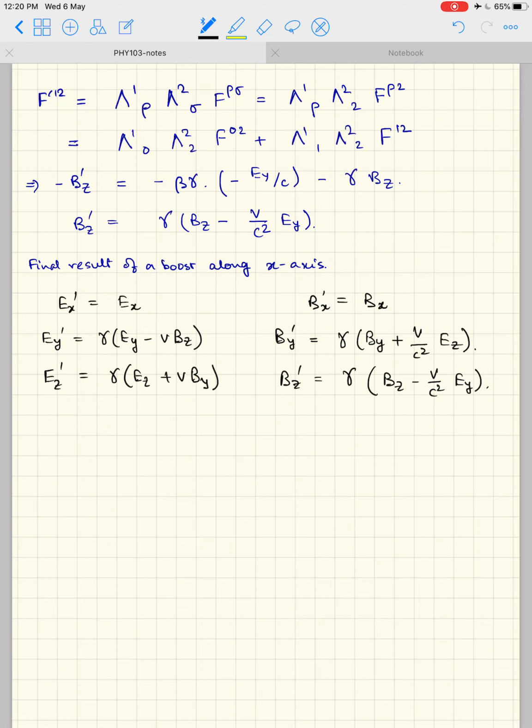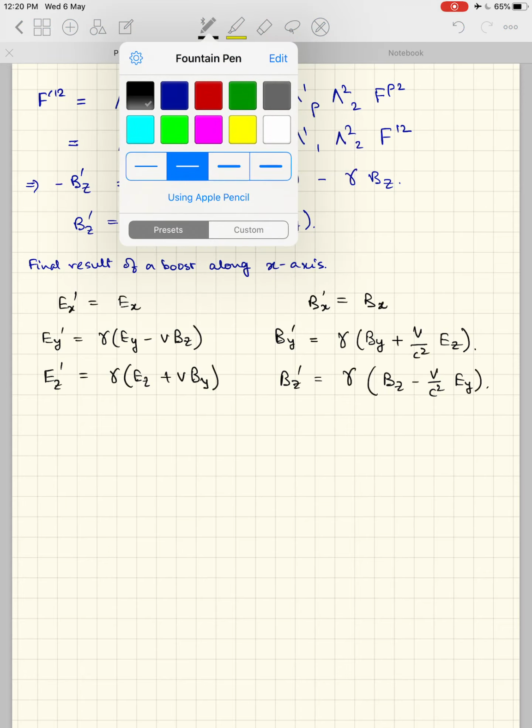So this is how the electric fields and magnetic fields change when there is a boost applied to it. It's very clear here with these explicit transformations that under boosts, electric fields change into magnetic fields. So in order to demonstrate this, now let us look at a boosted line charge.